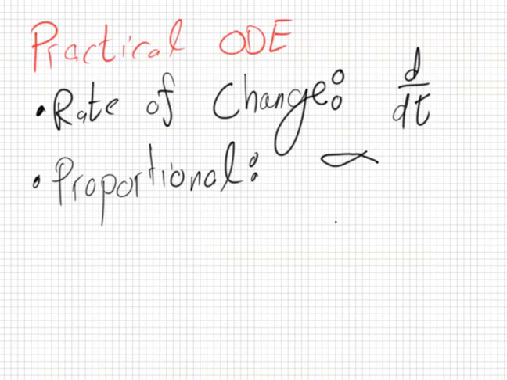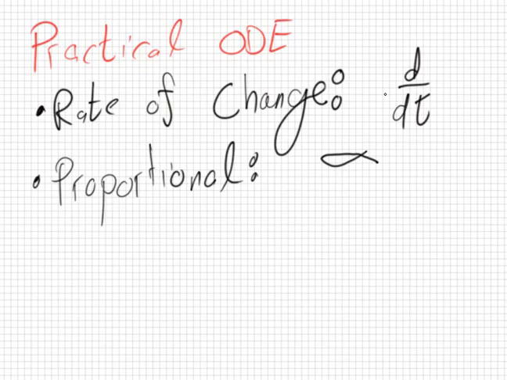Now, proportional is one of these things that you would know from chemistry and from physics. If I say A and B are proportional, what that means is if you double A, then B likewise will double. Or if you halve A, B likewise will be halved.